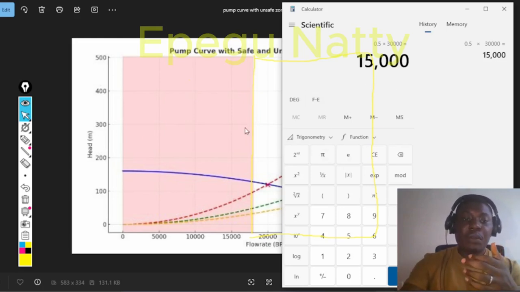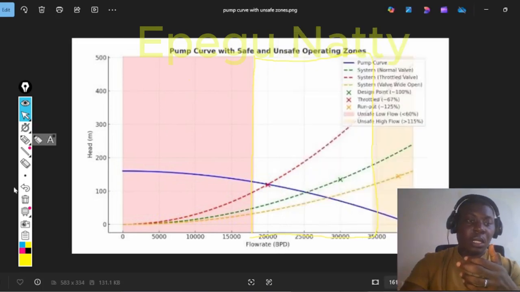When you're operating your pump below 60%, it is actually not safe, and this is the region you're seeing here. This region is when you're refining below the best efficiency point. So this region is not safe.